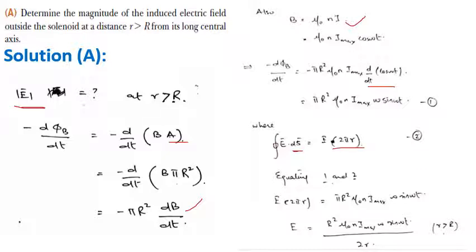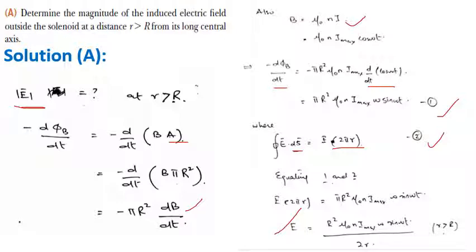And now, equating 1 and 2, we have E into 2 pi r equals the value of minus d phi B over dt. So putting in the values and solving it for E, here is what we get for small r greater than capital R.